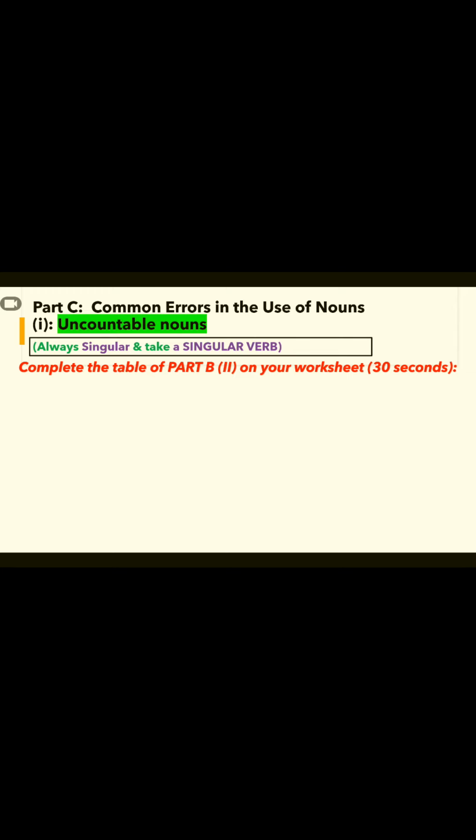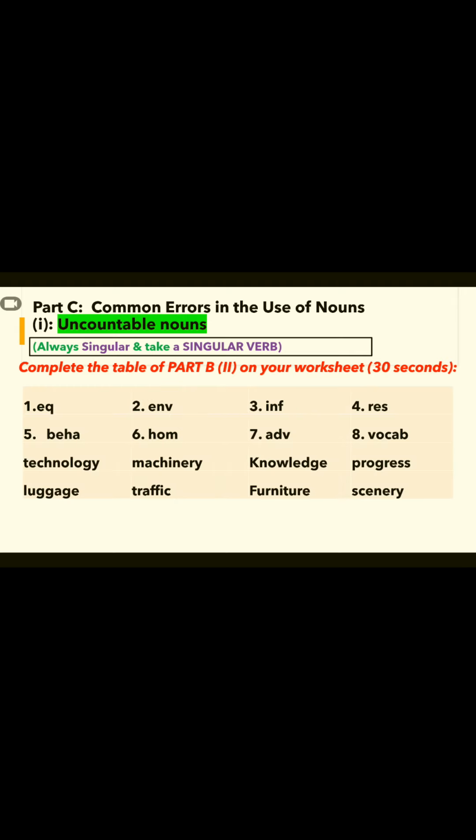Let's take a look at part B on your worksheet. On the worksheet, you'll find uncountable nouns. There's a table under uncountable nouns. There are 16 words. Numbers 1 to 8 are not yet complete.